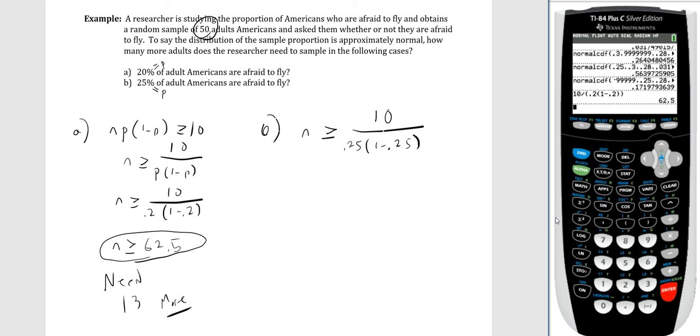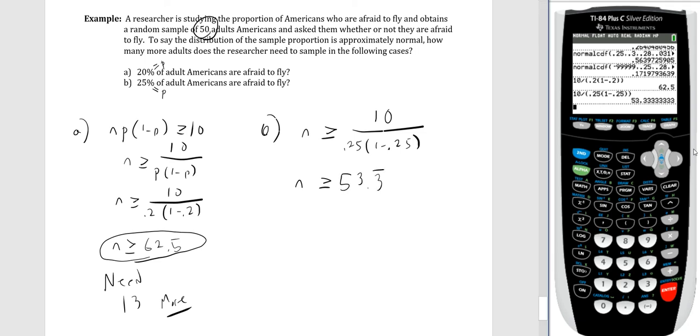We'll solve that on our calculator here: 10 divided by 0.25 times (1 minus 0.25). We get 53.3 repeating.